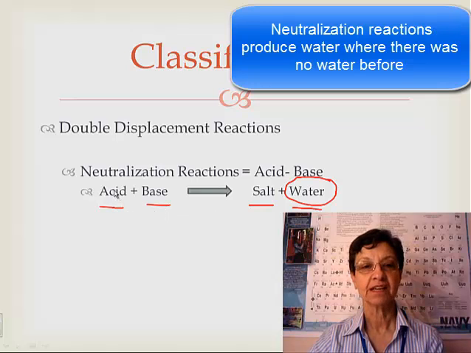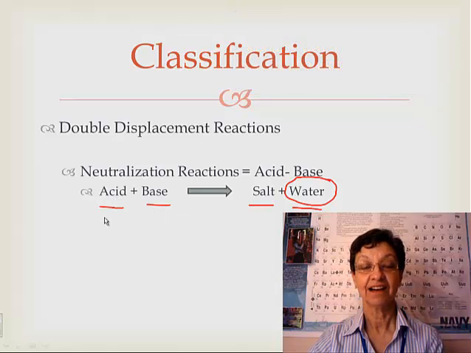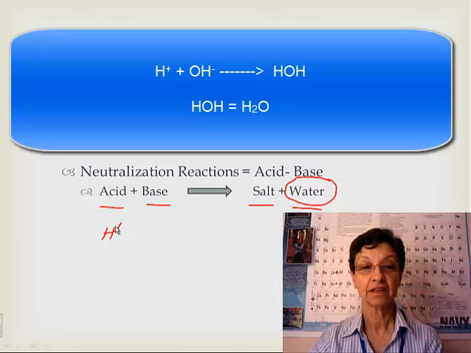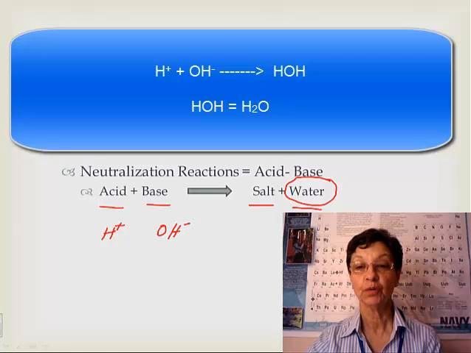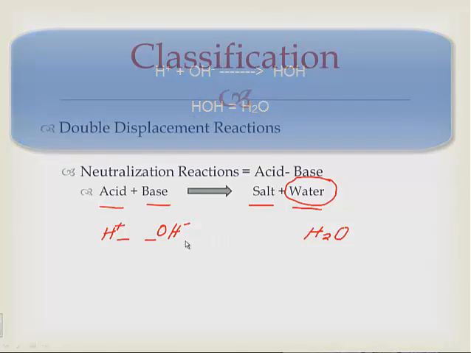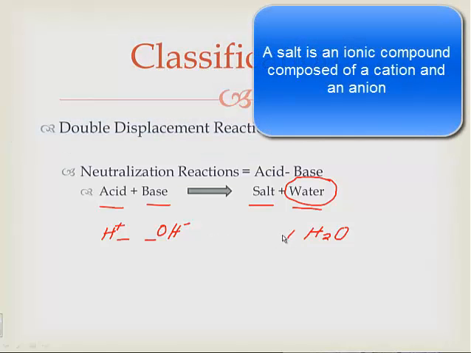Because acid has a hydrogen ion or hydronium ion, and the bases have hydroxide ions. When they come together, H plus ions and hydroxide ions will form HOH. In other words, the salt forms from the anion from the acid and the cation from the base.